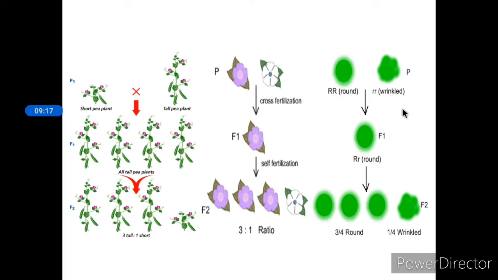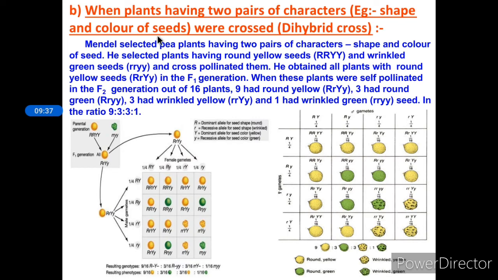Now, when a cross is done between monohybrids or the F1 heterozygotes, that is capital T, small t, then that cross is known as monohybrid cross. Now the other experiment is the dihybrid cross.